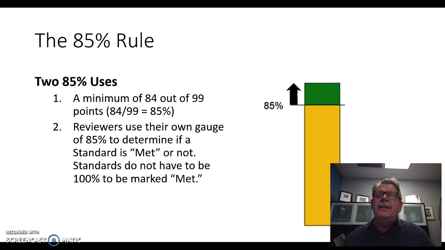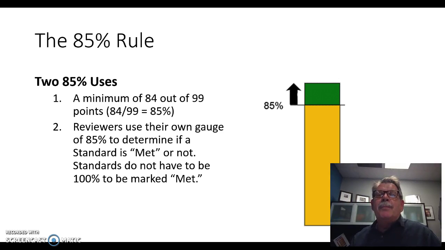For any individual standard, Quality Matters uses something called the 85% rule. If you're a reviewer, you'll think about that standard and ask, does this meet the standard at an 85% level, at a B plus level, depending on your grading scale?